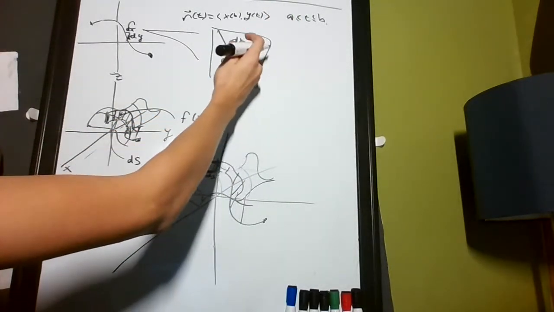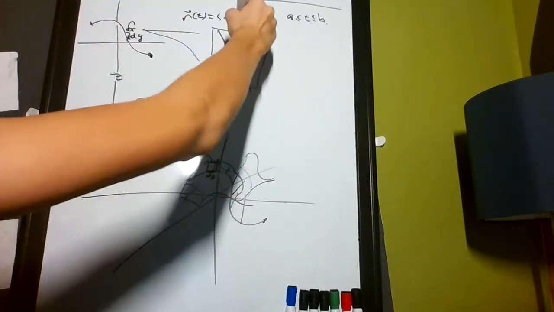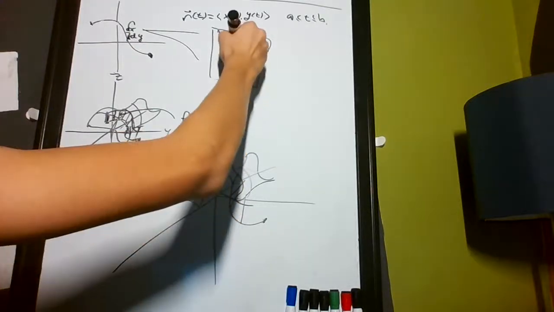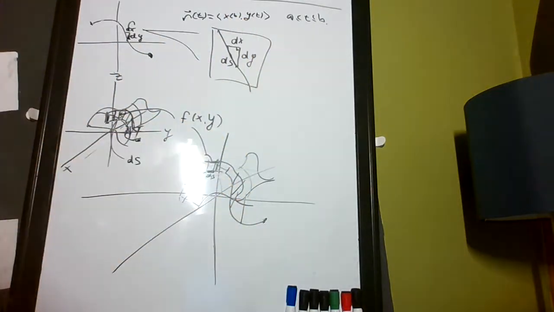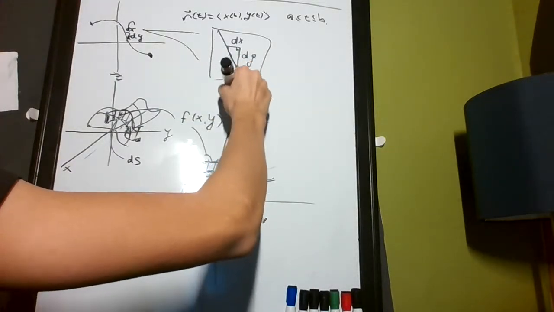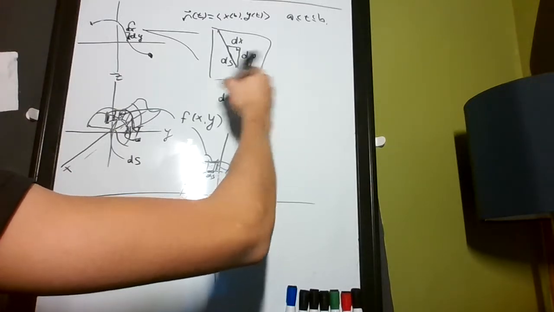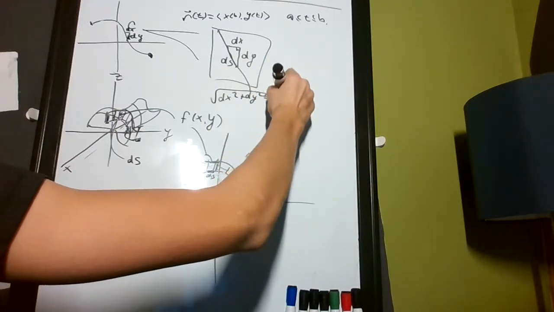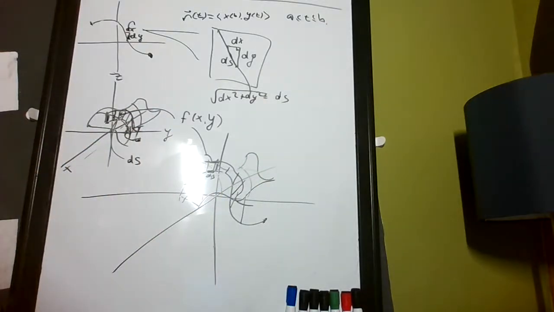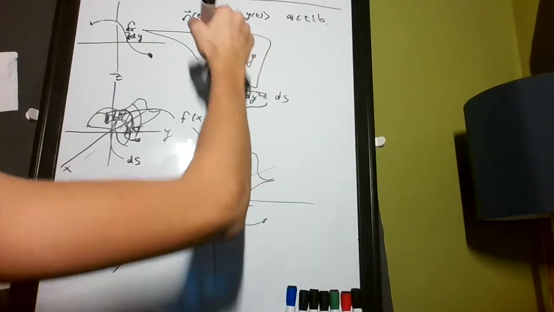What we have right there is a right triangle. These sides are perpendicular, so we have the Pythagorean theorem: dx squared plus dy squared equals ds squared, or the square root of this equals ds. Now, a good thing to do is to make this in terms of t.